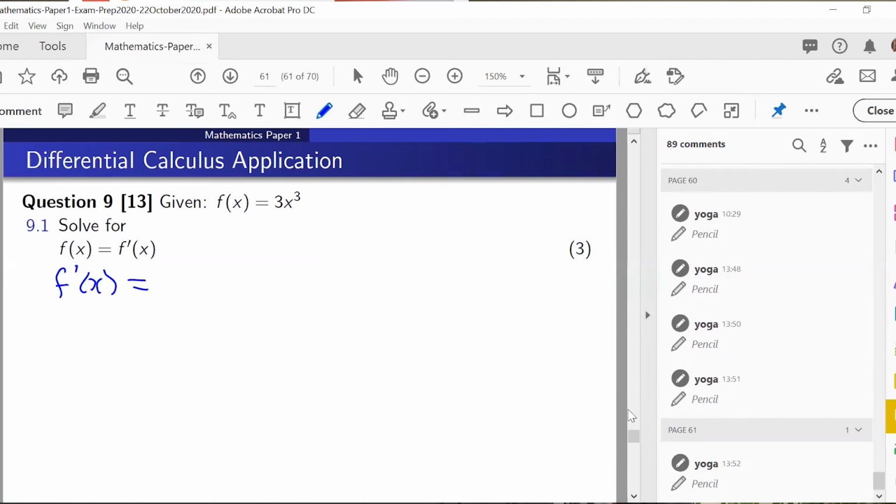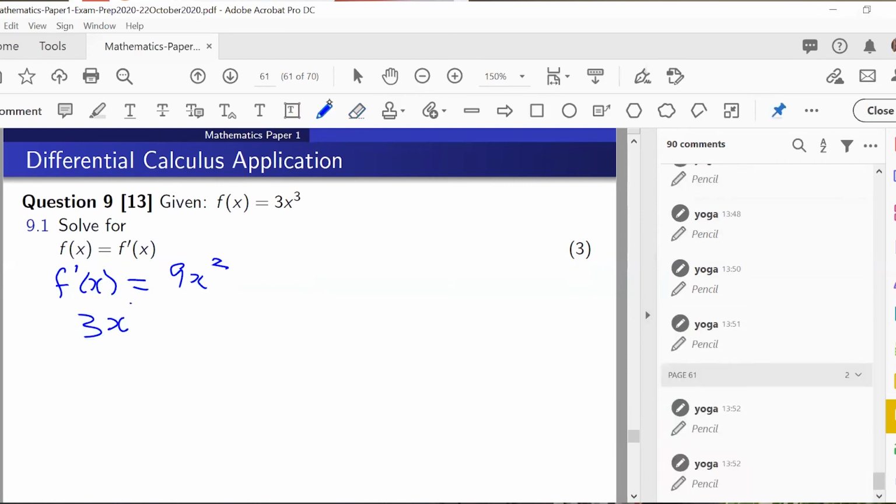The derivative of f is 9x squared, which means that 3x cubed equals 9x squared, means 3x cubed minus 9x squared is equal to 0.